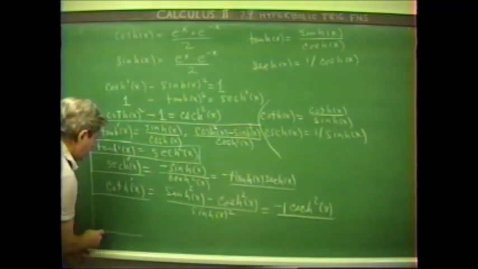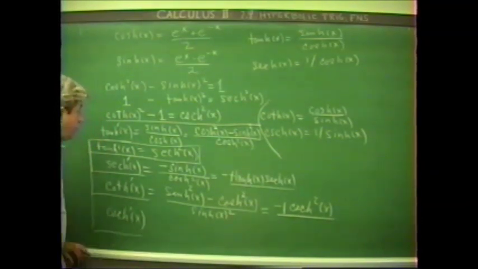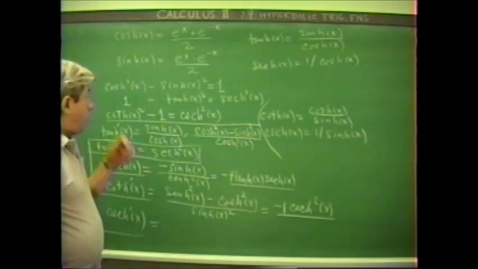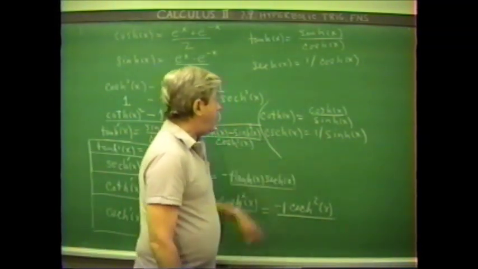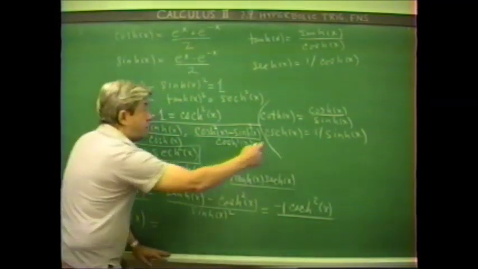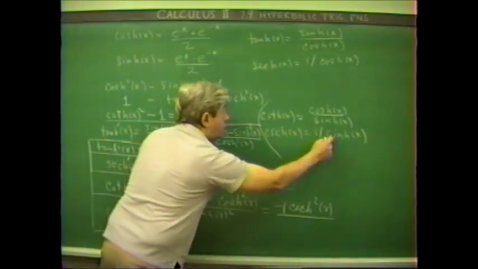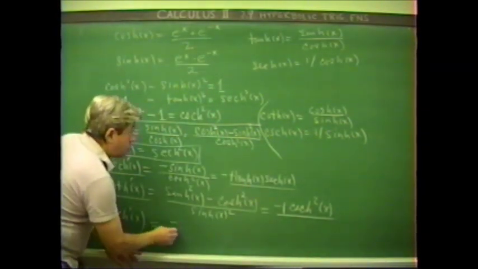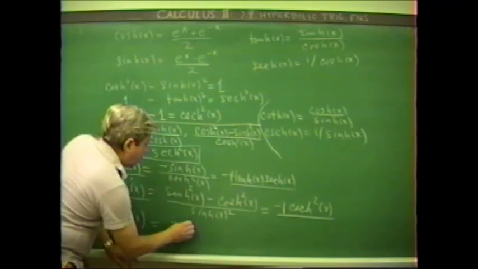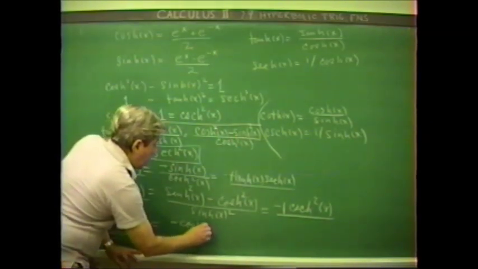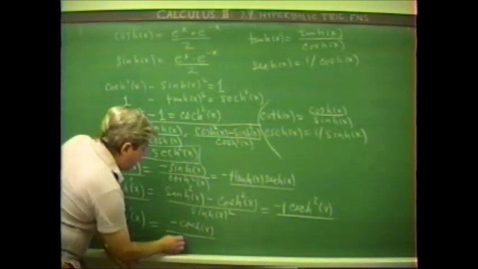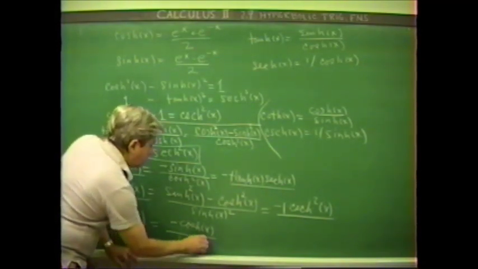Let's finish the picture here with the hyperbolic cosecant and its derivative. The hyperbolic cosecant is 1 over the sine, so the derivative is the denominator times the derivative of the numerator, which is 0, minus the numerator times the derivative of the denominator. That's going to be minus the hyperbolic cosine over the denominator squared, hyperbolic sine squared.